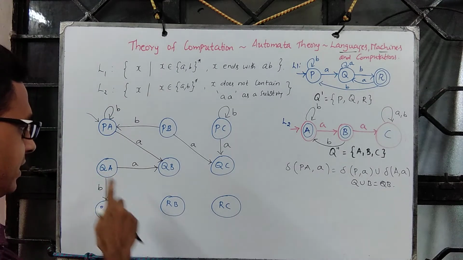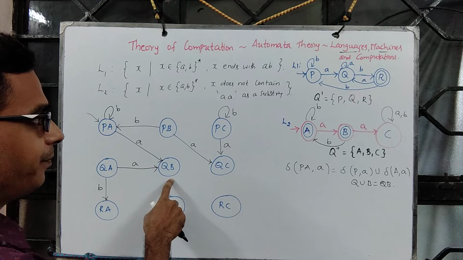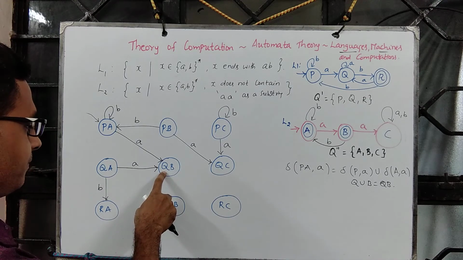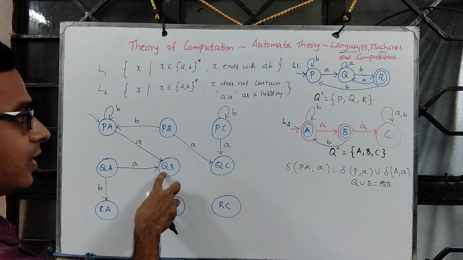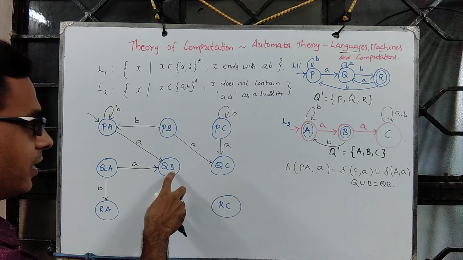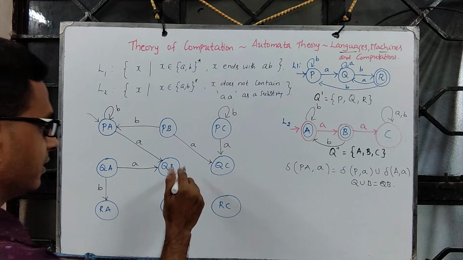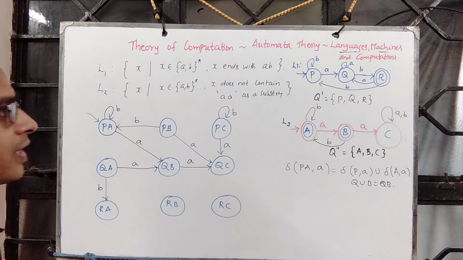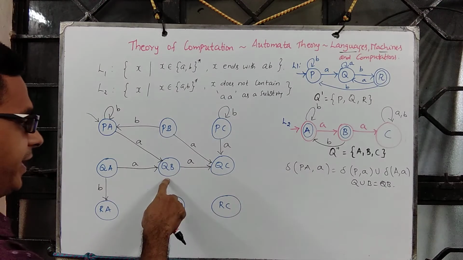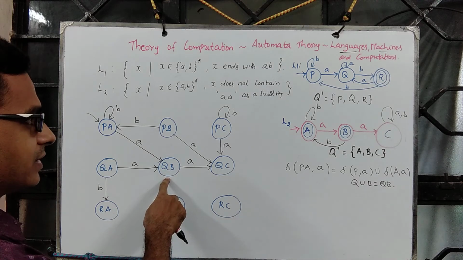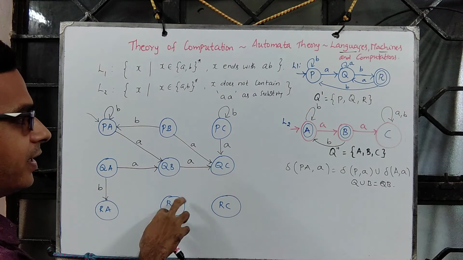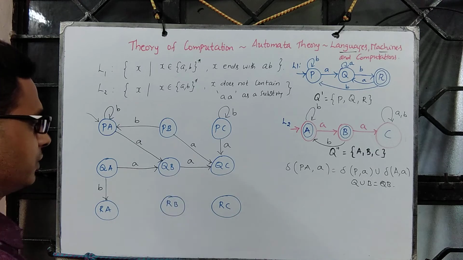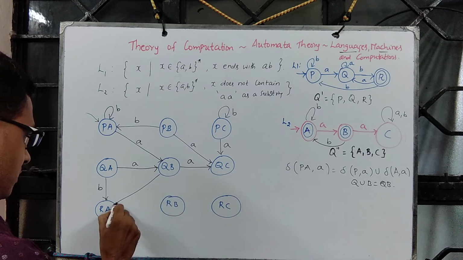With respect to this, it is done. Now with respect to QB, Q on A is Q itself, and B on A is C, so we go to QC, and when we read a B, Q on B is R, and B on B is A, so it is RA.